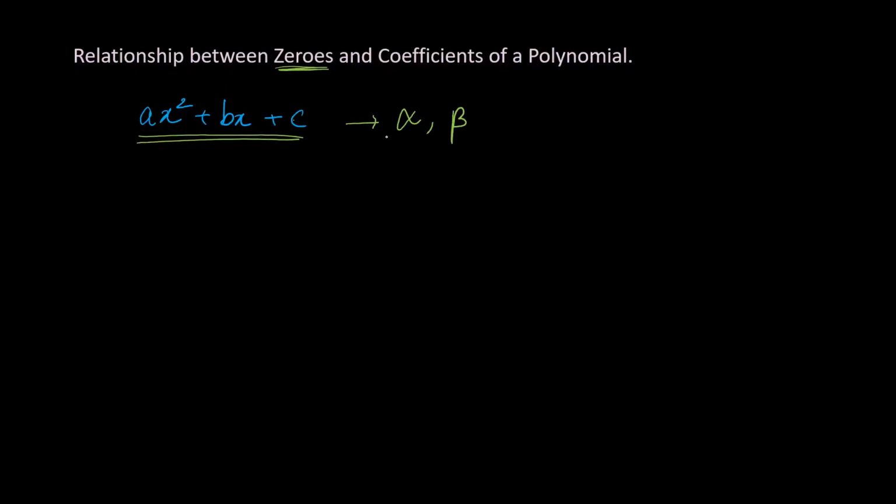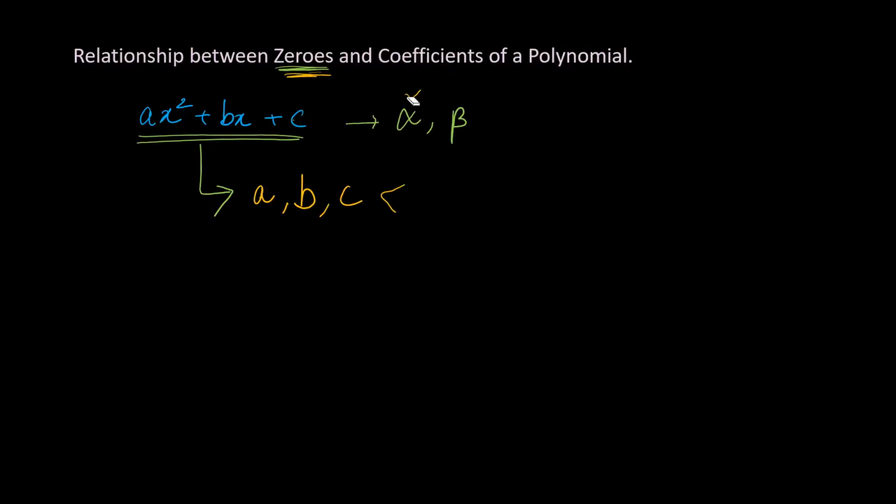Now the zeros are alpha and beta, and the coefficients here are, I'll write it in a different color, of x square is a, of x is b, and the constant term is c. So the zeros are alpha and beta, and the coefficients are a, b, and c.